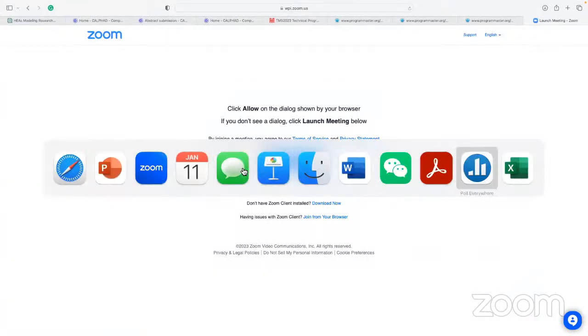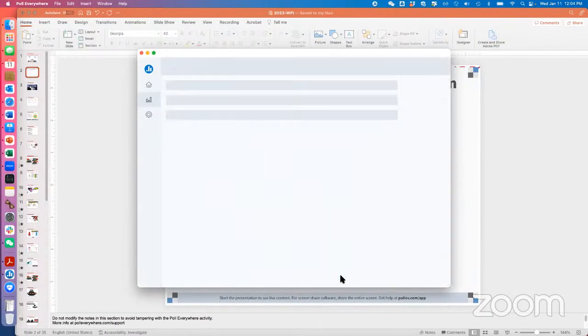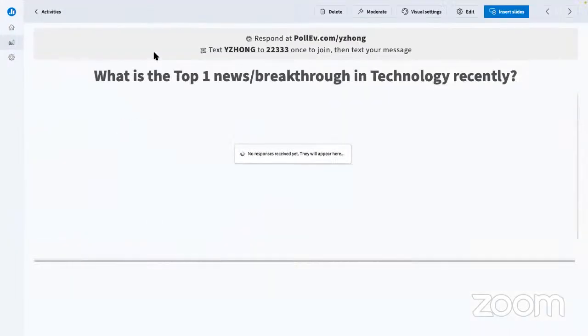Where's my app? Okay, so here. It's still here. Please log in. I think most of the students are probably familiar with this software, Poll Everywhere.